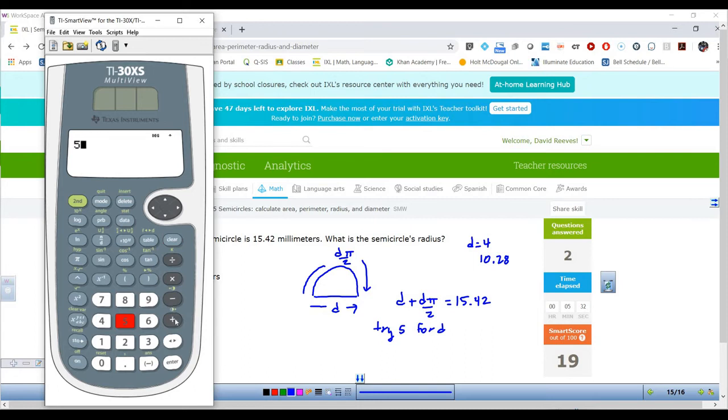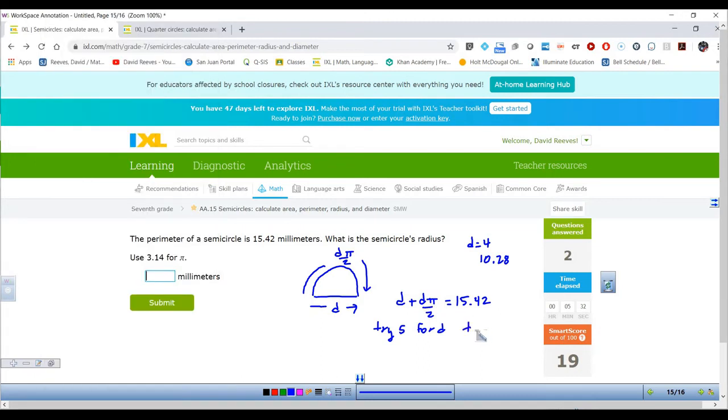So I'm going to do 5 plus, and remember I'm putting these parentheses to group all this together, although I really don't have to. 5 times 3.14 for pi, and then we're going to divide that by 2. And when I do that, I get 12.85. So that was too small.